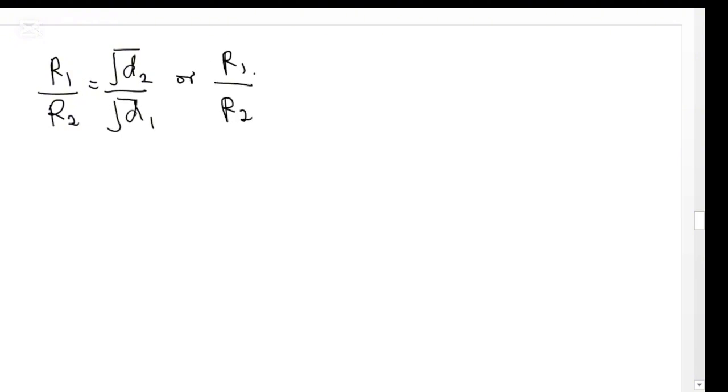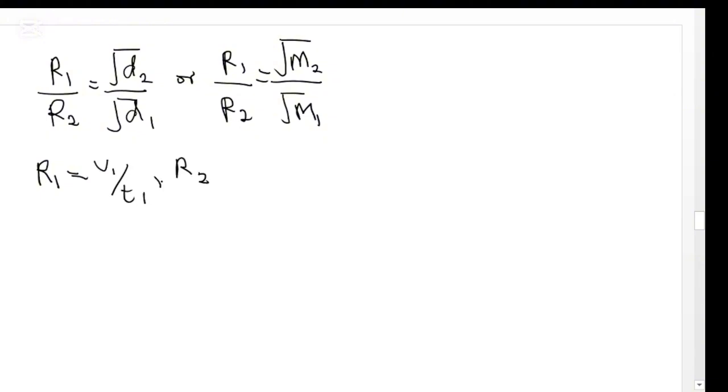So from the equation, which is R1 over R2 equals square root of D2 over square root of D1, or R1 over R2 is equal to square root of M2 over square root of M1, which happens to be the same. Since R1 equals V1 over T1 and R2 is equal to V2 over T2, let us put in those values inside that equation.